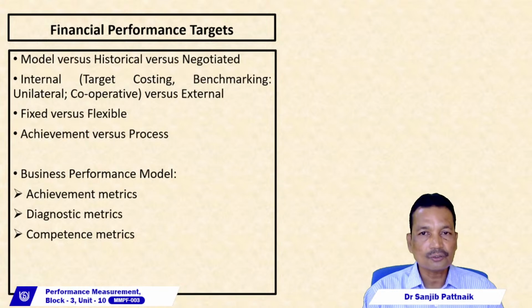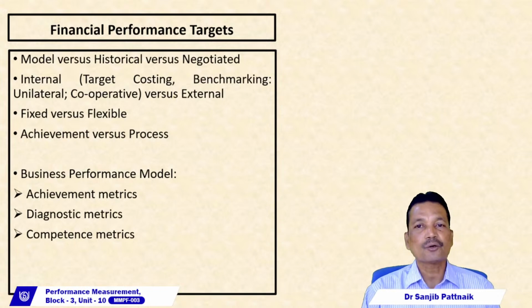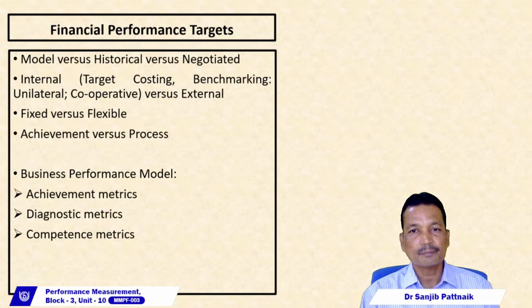When we know the cost that we have to adhere to, we call it target costing. The process is called target costing. That means how much cost the product should have is set first. Then the production is done.